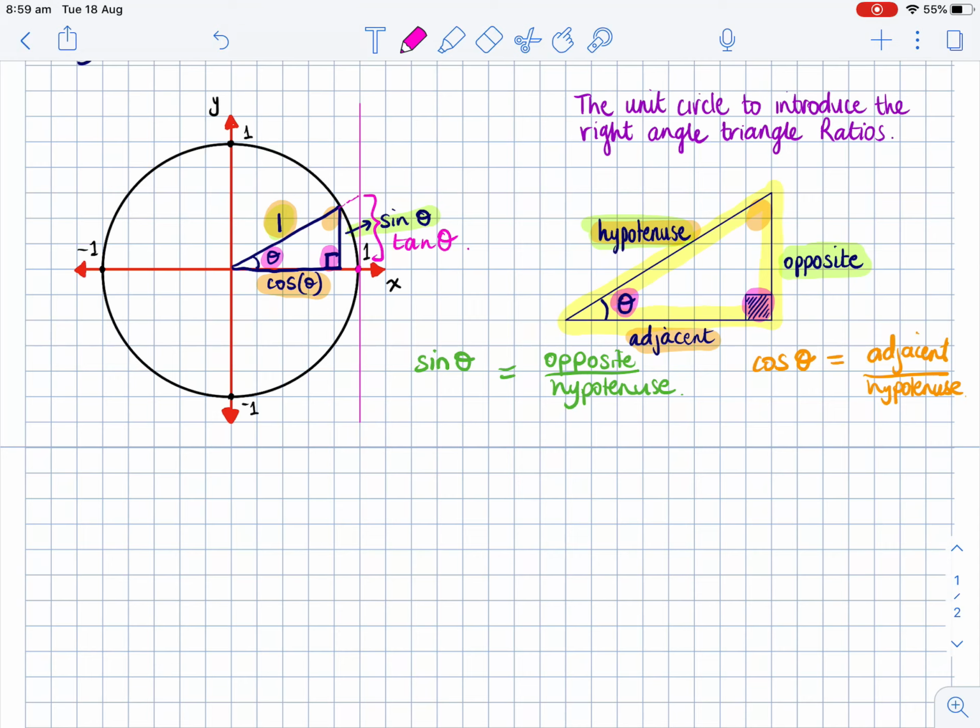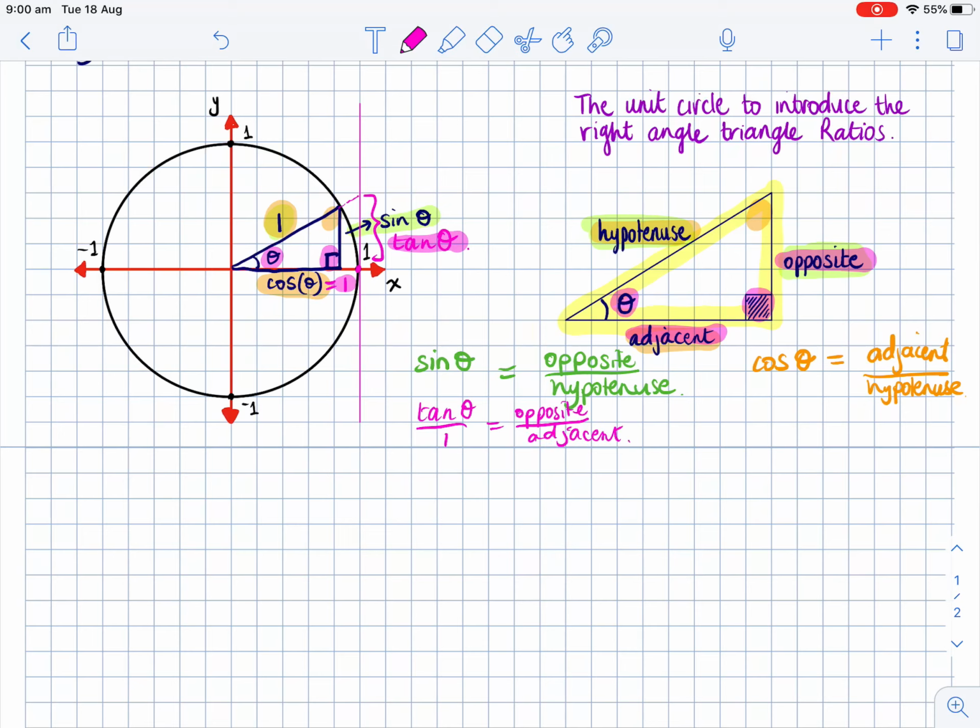But I do have that cos is equal to 1 in this case. So if I take tan theta divided by 1, that would be the same as the opposite divided by the adjacent. And I get that tan theta divided by 1 has to be the same as the opposite divided by the adjacent.